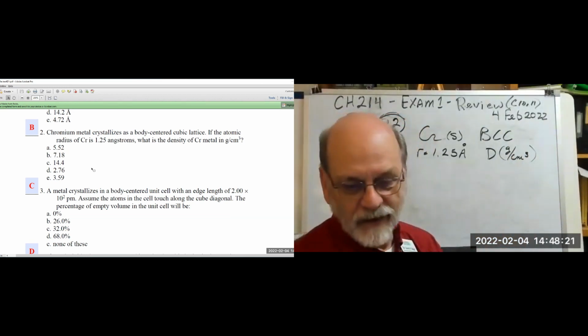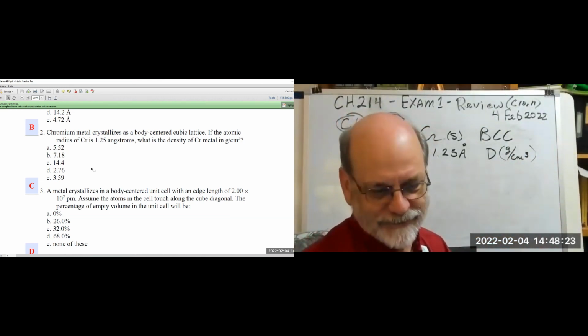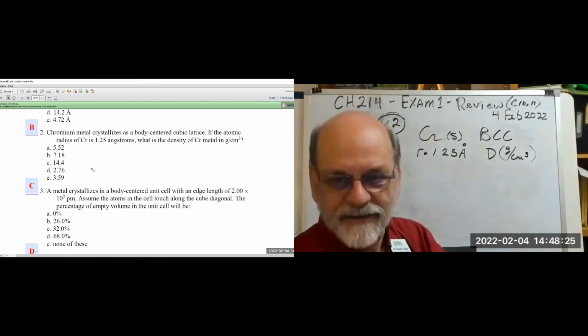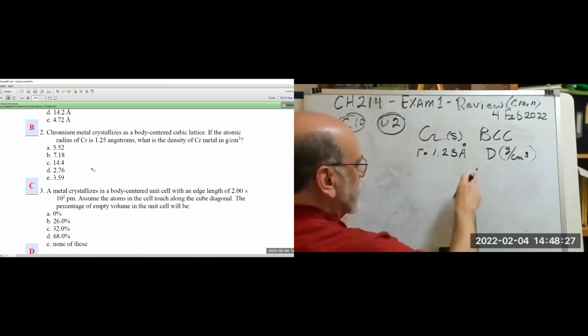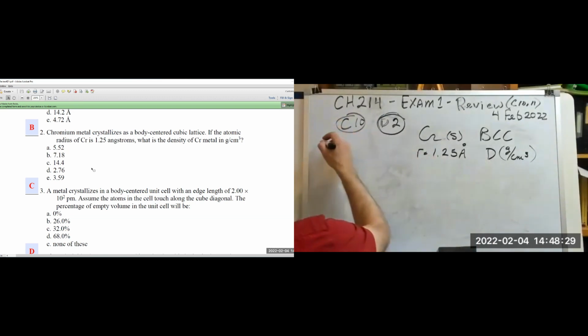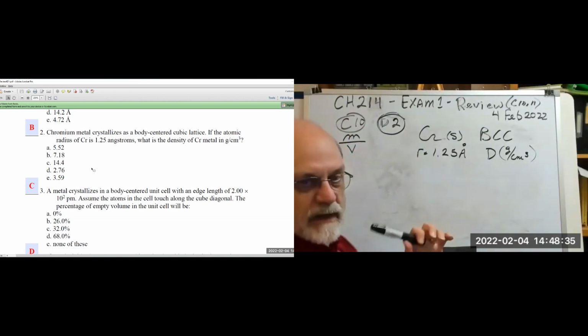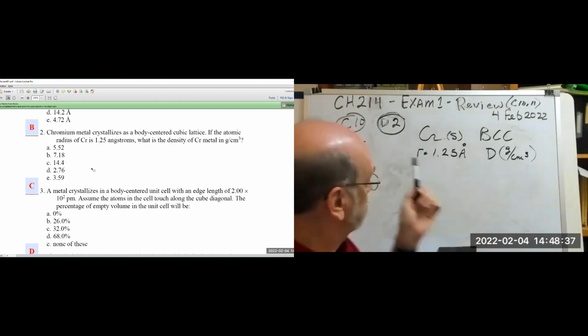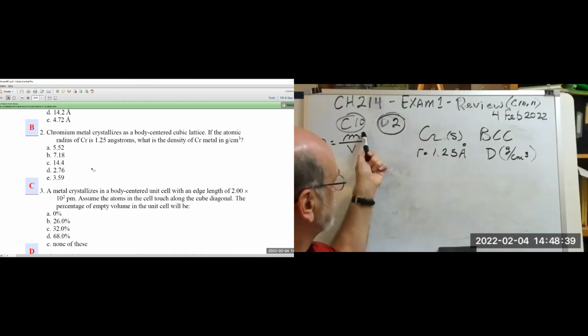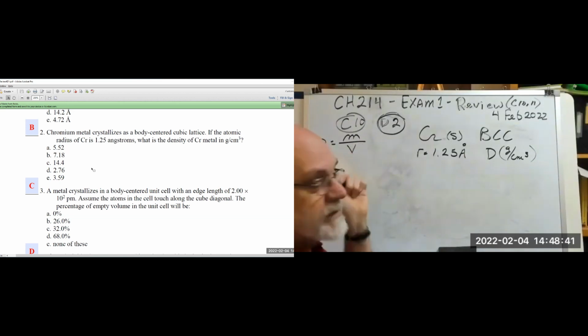That looks like an insurmountable problem. But look at it this way. Let's work backwards. Density is equal to mass per unit volume, correct? So those are the values we need. The mass that's associated with the volume.